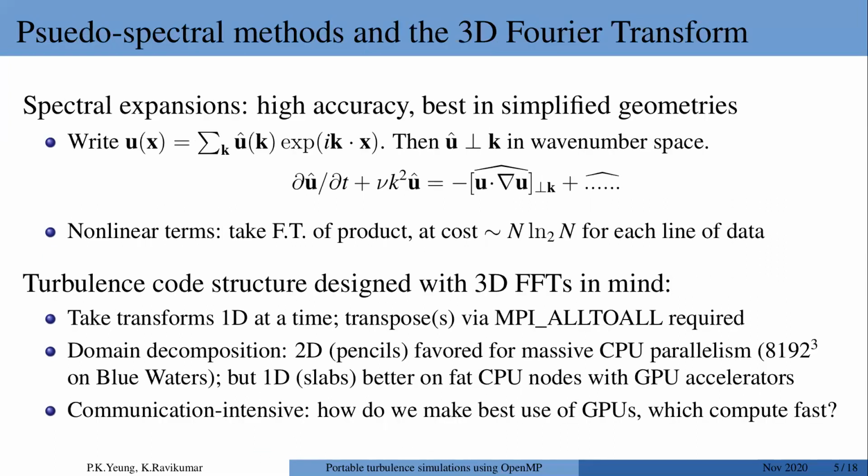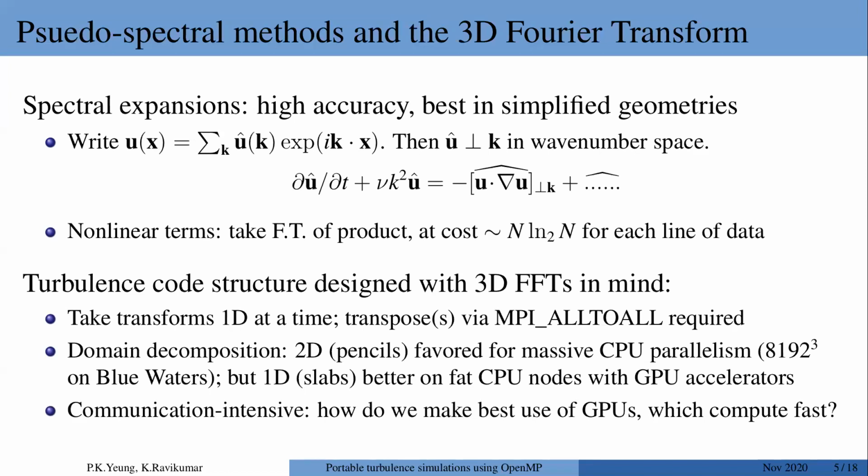We need high accuracy, but we can make some compromises in terms of the geometry. So we use a well-known numerical method, essentially the Fourier decomposition, where the coefficients here represent the Fourier coefficients. They are complex values, and if we take the Fourier transform of the entire Navier-Stokes equation, we can rearrange the result in the following form. On the right-hand side, the main issue is how we deal with the Fourier transform of a nonlinear term.